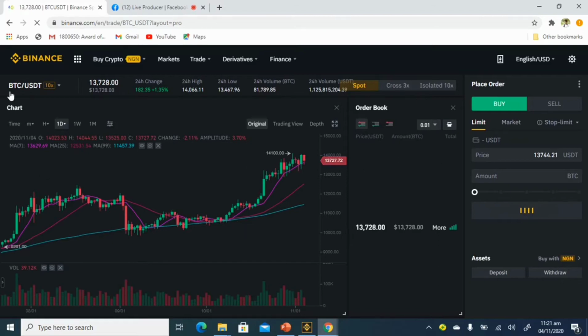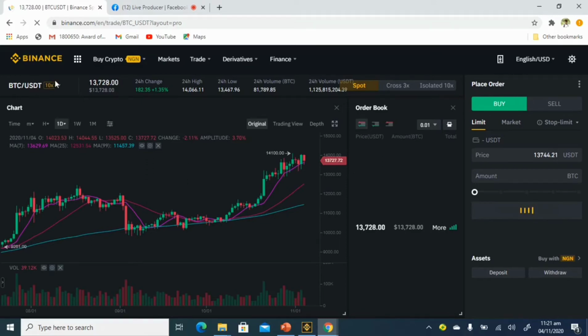In this case, we are looking at the BTC/USDT pair, which means in this market we can buy Bitcoin using USDT, a stablecoin pegged to the US dollar. And whenever we sell our Bitcoin, what we get in return is USDT. That's what the market pair is all about.